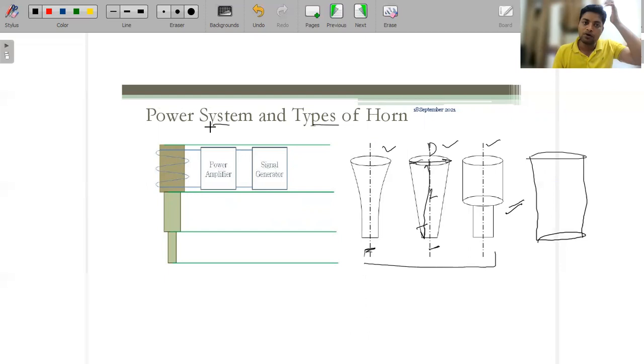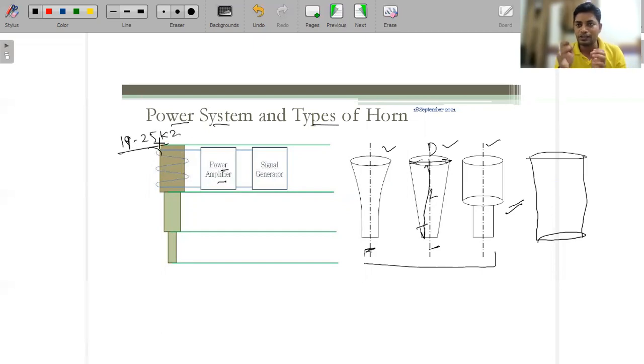Let's discuss the power system. This is the signal generator, which is connected to the power amplifier. This is the transducer connected to that, producing the ultrasonic frequency in the range of 19 to 25 kilohertz.